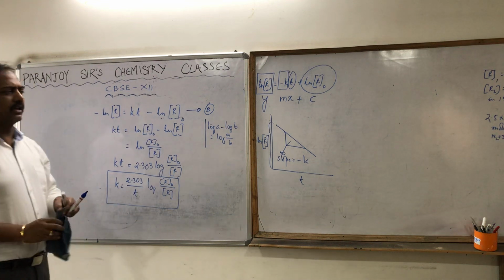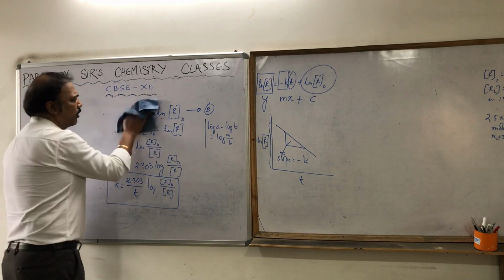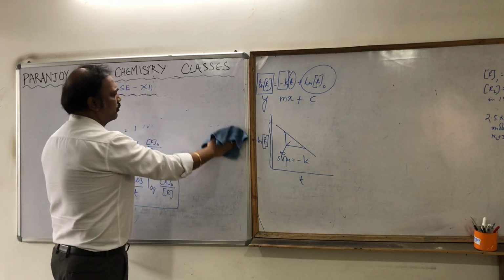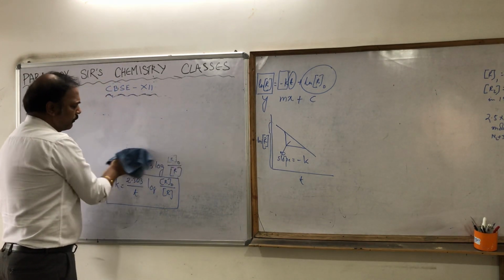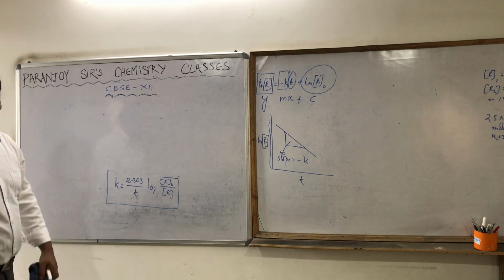And the third one, as usual, again we are going to do the half-life period. Now what is half-life period? Already we know, so I am not going to discuss it anymore. Since you know what the half-life period is, I am just going to write mathematically what it is.